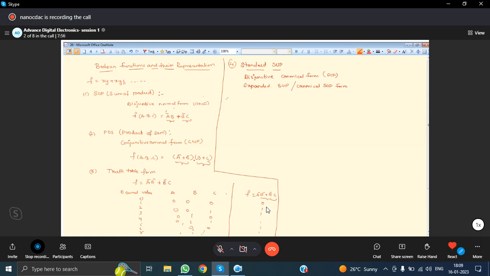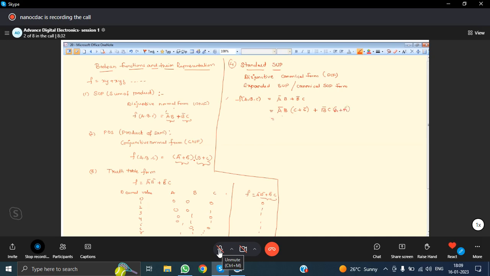How do you write this? If I am giving you a function with variables a, b, c, let us suppose the logic is a bar b plus b bar c. To write the expanded SOP, you need to expand this function. In a bar b, c is missing, so I add c plus c bar. To expand, I need to add it. c plus c bar is nothing but 1, so if you are adding 1, nothing will be lost. In b bar c, the variable a is missing, so you need to expand with a plus a bar.